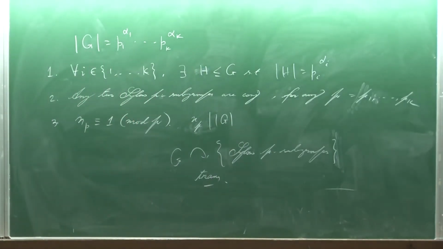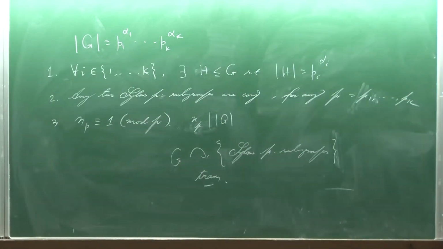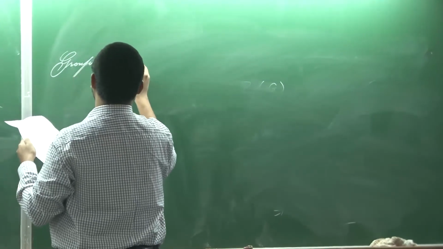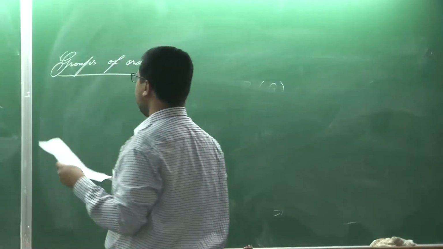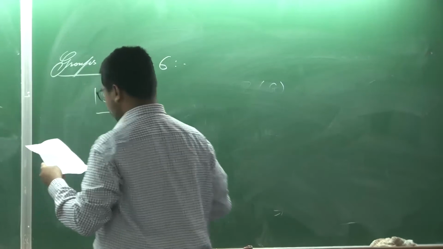Now we are going to see a few applications of Sylow's theorems. The first application is for groups of order 6. If G is a group of order 6, then what can we say?